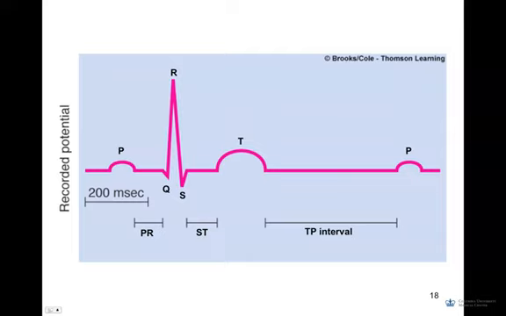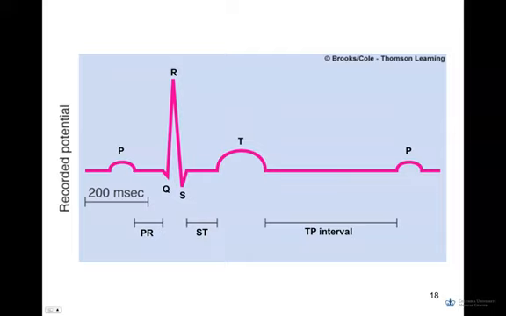The first thing we see is the P wave, a small upward deflection. Then we have a short period of no activity, followed by a dramatic deflection called a QRS complex.